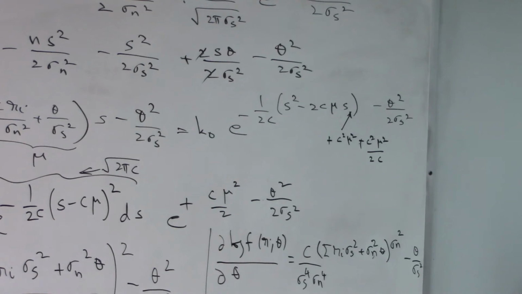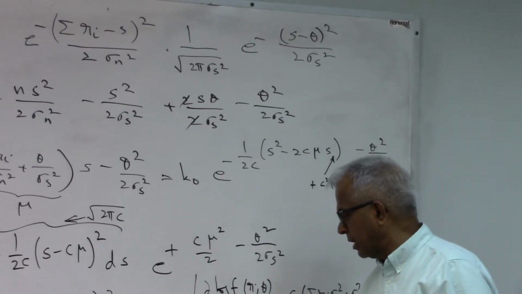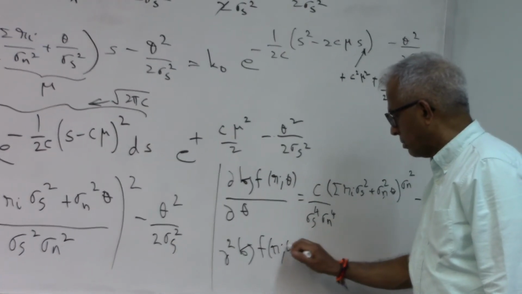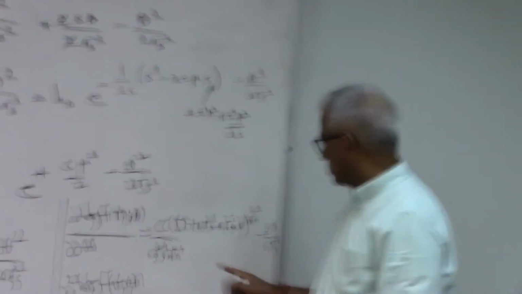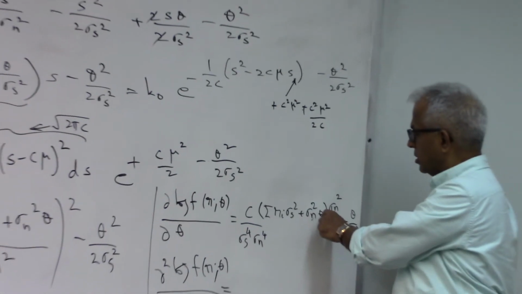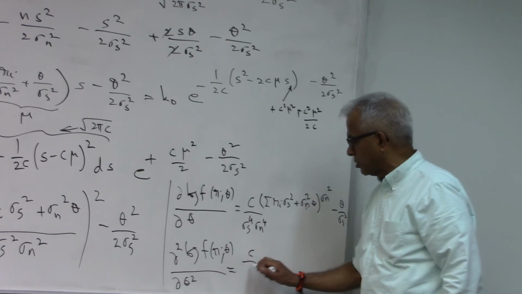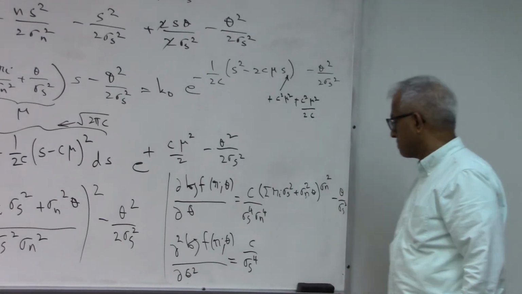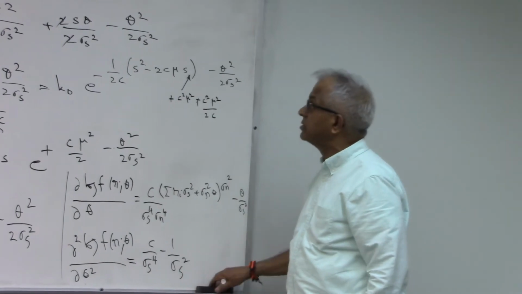So let me do one more derivative, okay? So the second derivative, then I'll do the simplification. The second derivative of f: look here, in the numerator this will go away because this is just a constant. So the derivative is, sigma n4 will cancel. So this answer is C over sigma S4, right? Minus 1 over sigma S squared. I hope I am right. We will see.